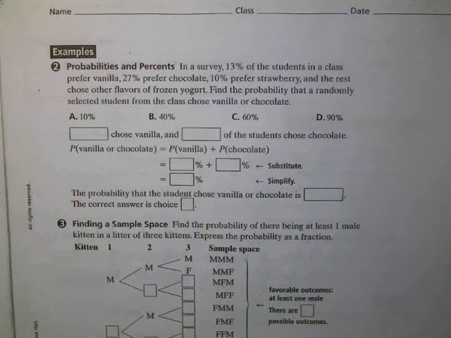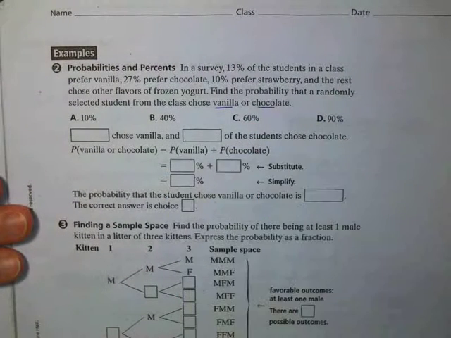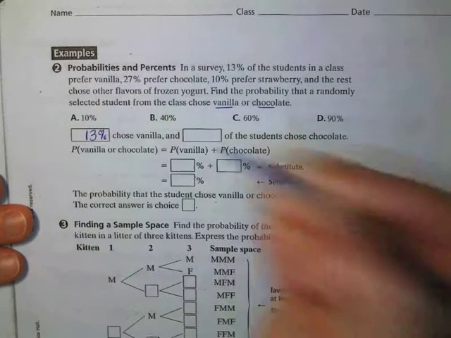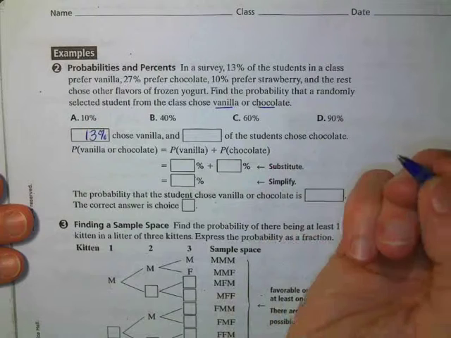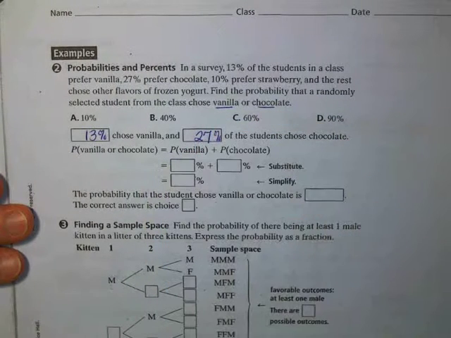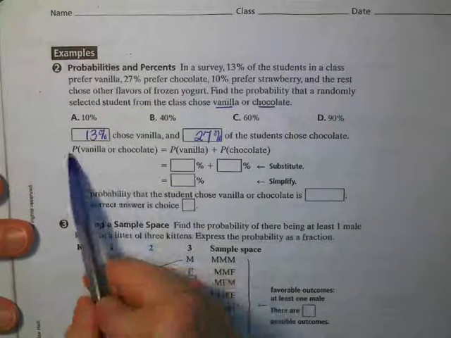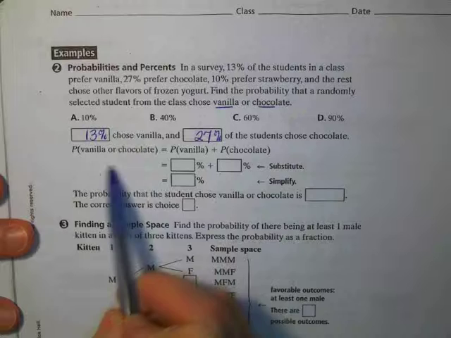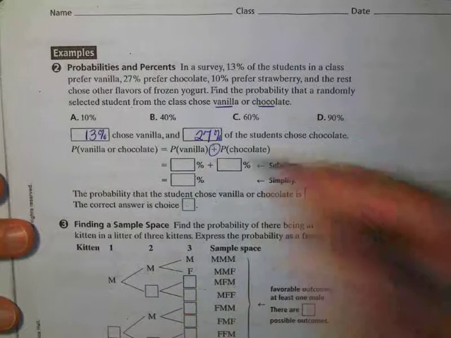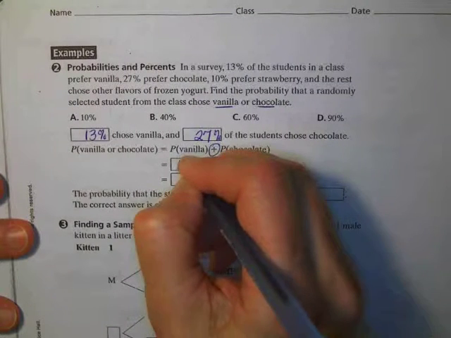Okay, so let's look at what we need here. We're trying to look at vanilla or chocolate here. So 13% chose vanilla, and 27% of the students chose chocolate. So the probability of vanilla or chocolate is equal to the probability of vanilla plus the probability of choosing chocolate.